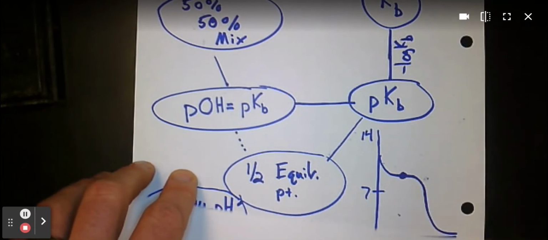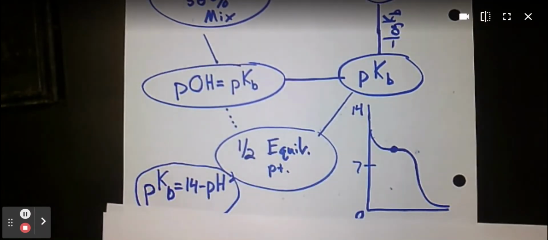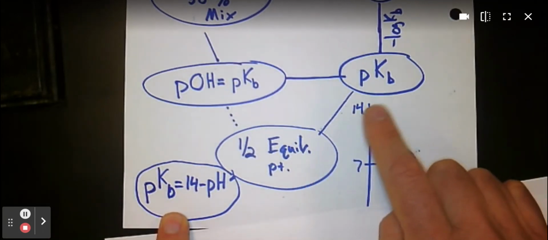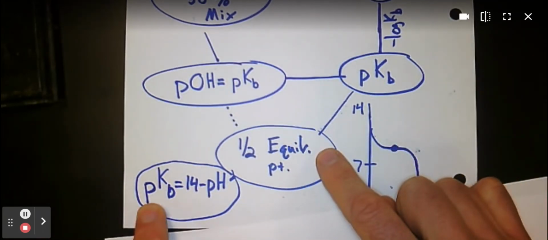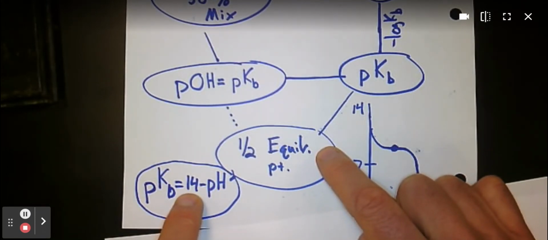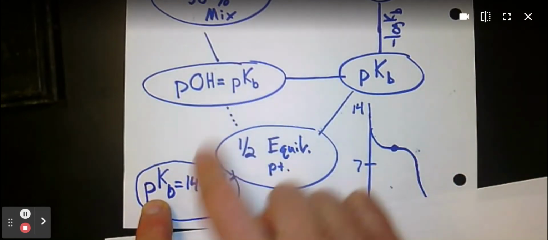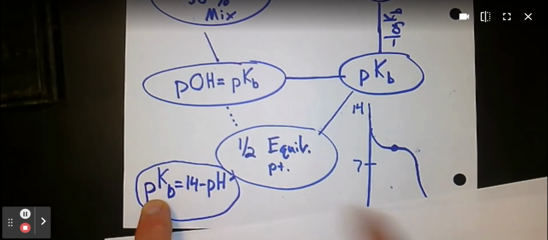Now it's there on a titration curve, that point when it flattens out. And with this equation, I can relate my pKb to pH, because pOH plus pH is 14. So then I substitute pKb for pOH, and I'm going to get pH.